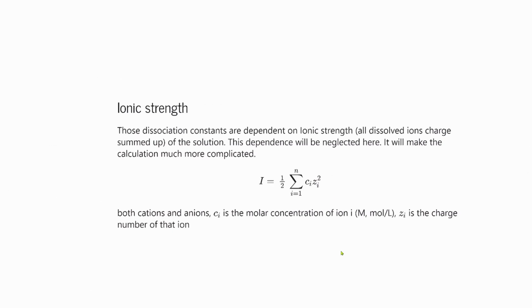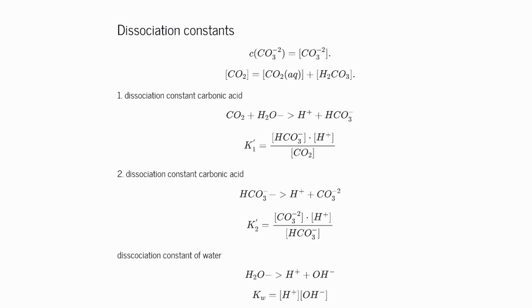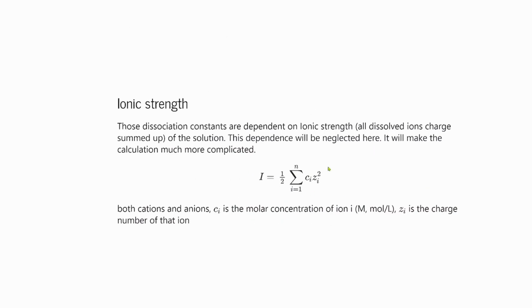Just to mention, the following code will not take ionic strength into consideration, because all these dissociation constants that I showed here are pressure dependent, temperature dependent, and dependent mostly on ionic strength. Ionic strength is basically the sum over all dissolved ions together with their charge.